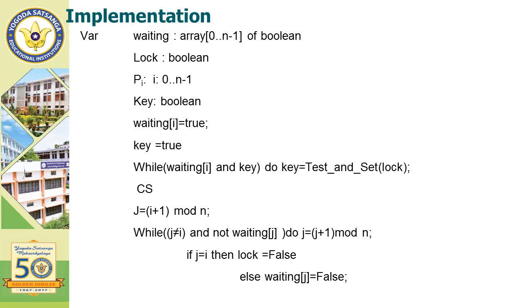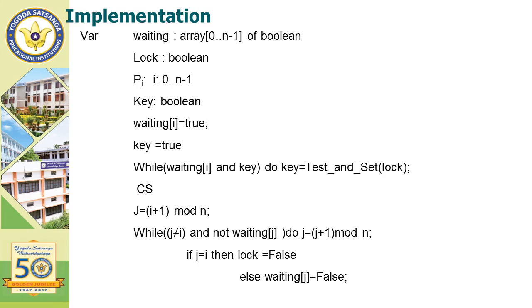So after executing test and set lock, it returns a false value, that is, key becomes false. So waiting i is true but key is false, so this loop will not execute. That is, the condition becomes false. When it becomes false, it enters into the critical section.